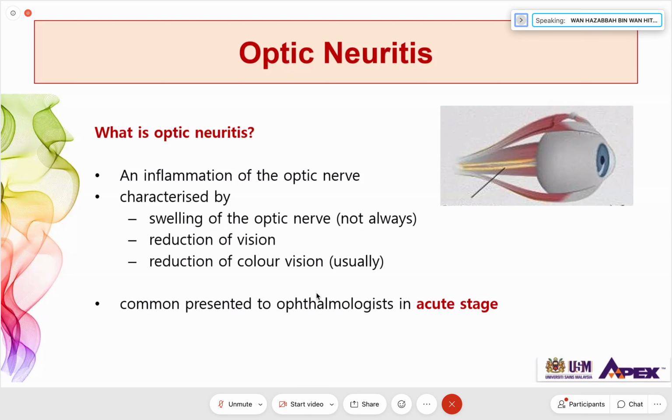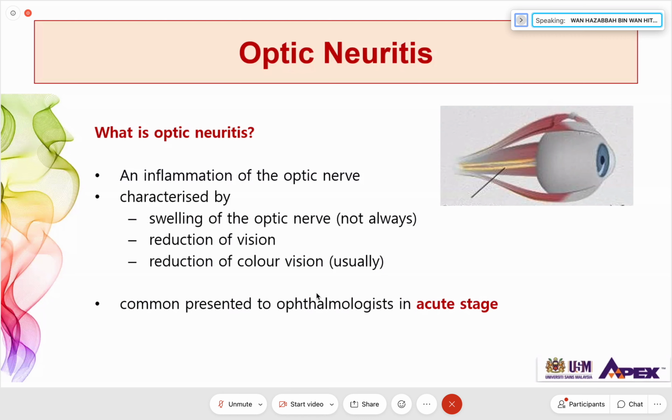By definition, it's quite straightforward. There's inflammation of the optic nerve. But most of the time, what we expect is that you can see swelling of the optic nerve itself, the appearance in the optic disc.